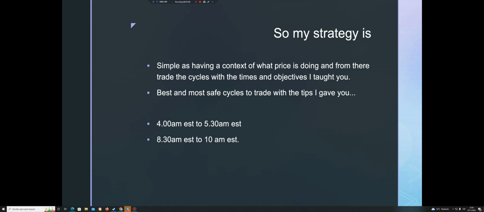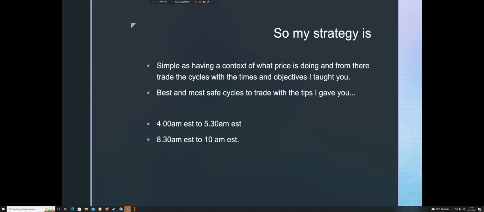Because I've been trading all the cycles, and these two are the ones where I had a lot more success. So if you want to start trading with the tips I gave you, these are the two cycles I'm going to recommend.